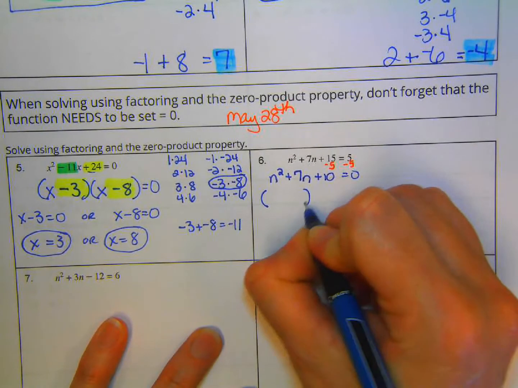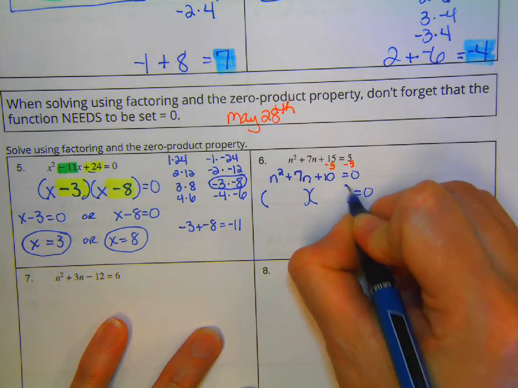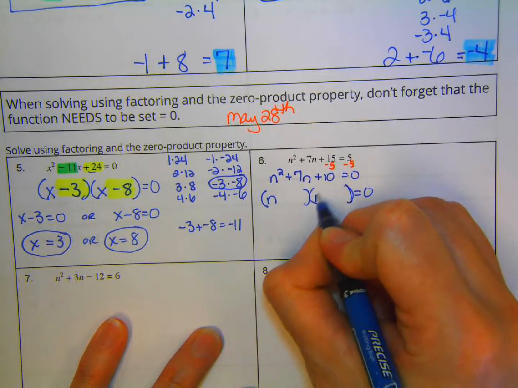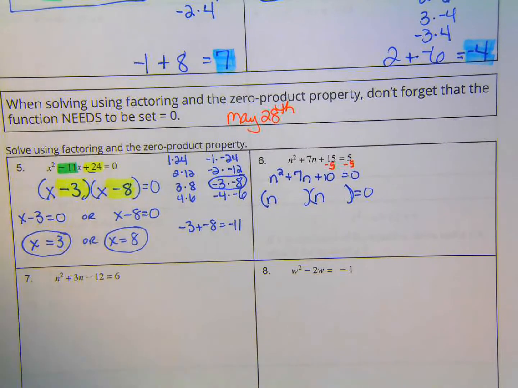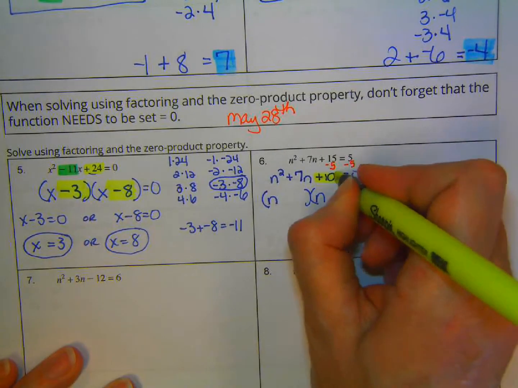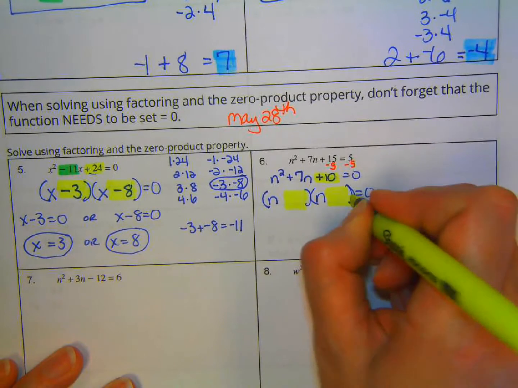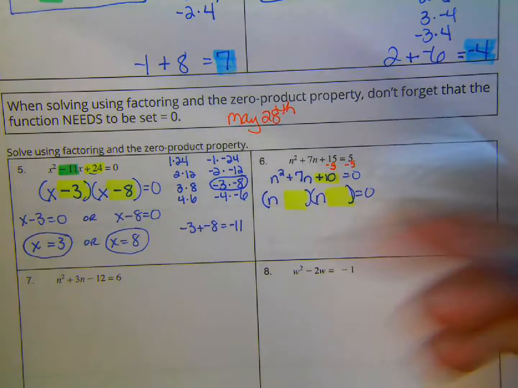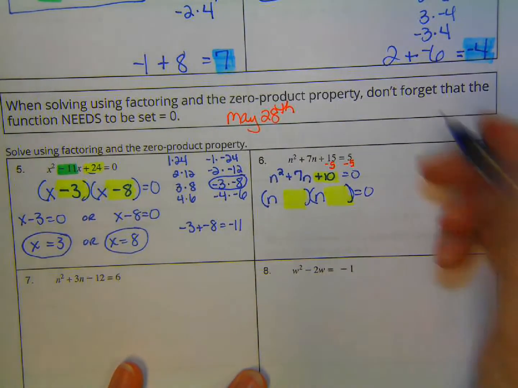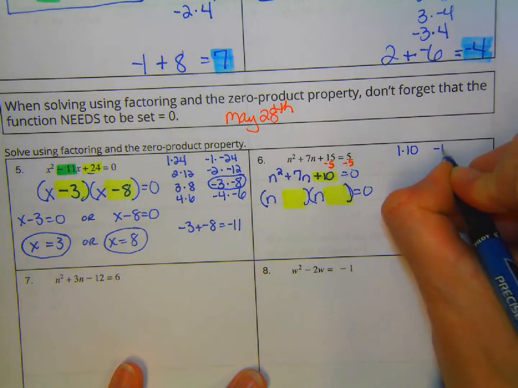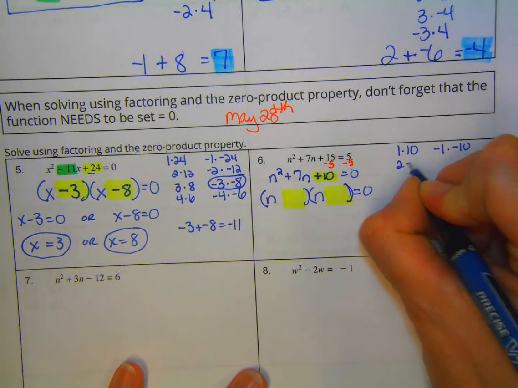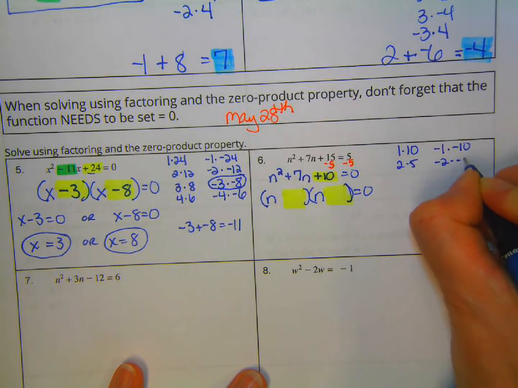So we know n times n gives us n squared. And then we need to be able to get a positive 10. So how can we multiply two numbers to get a positive 10? We can do 1 times 10, negative 1 times negative 10, 2 times 5, or negative 2 times negative 5.